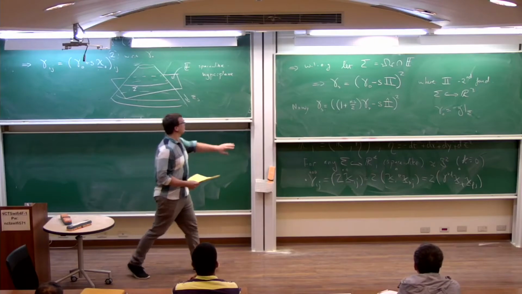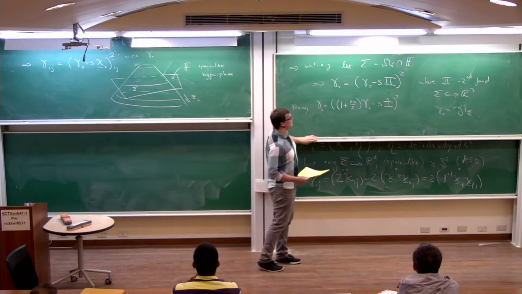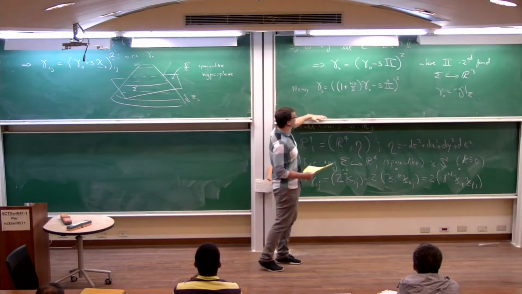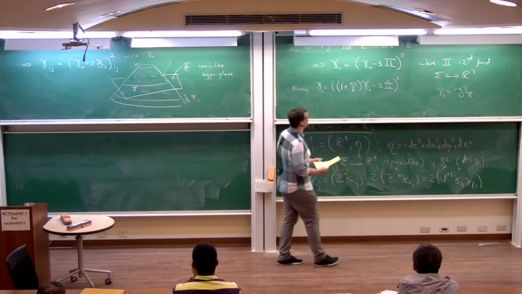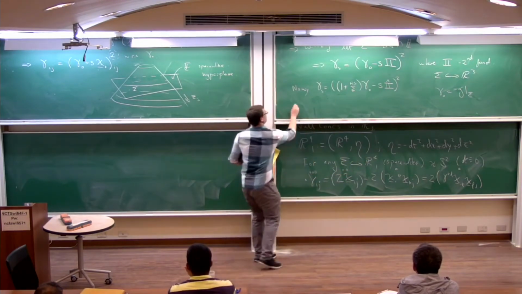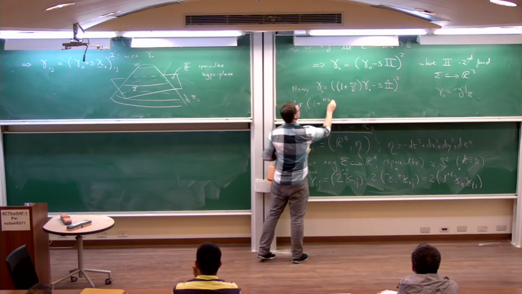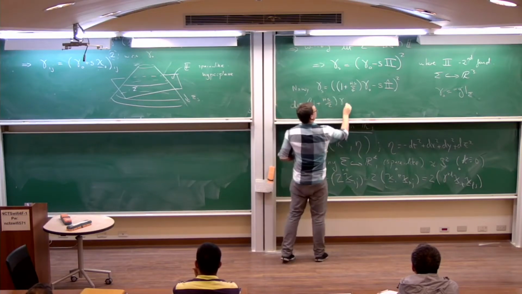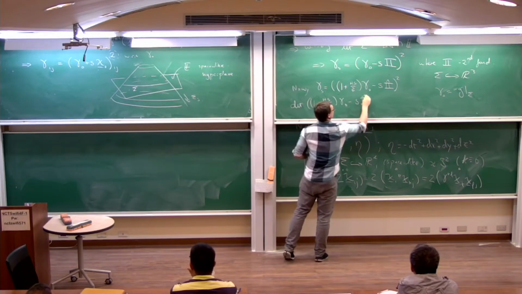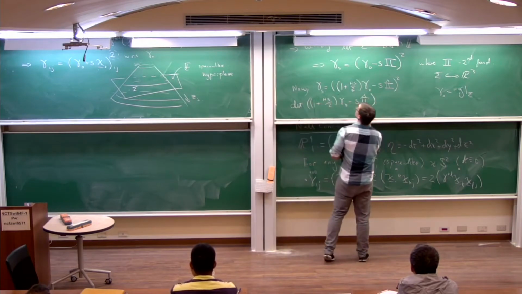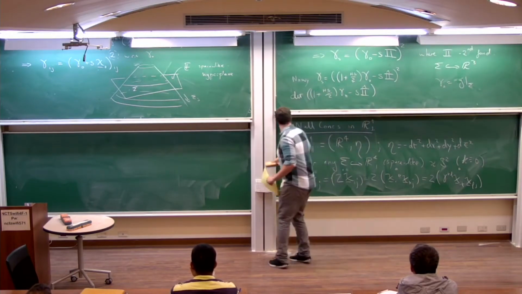If we assume the null cone remains smooth, this is the induced metric of the leaves off of the initial embedding in R3. Now I'll leave it as an exercise, but if you calculate this quantity, you actually get the following.